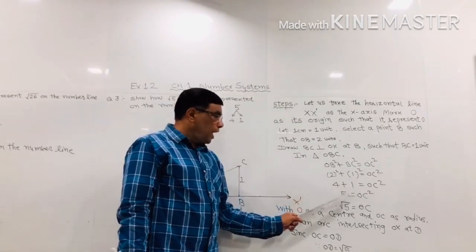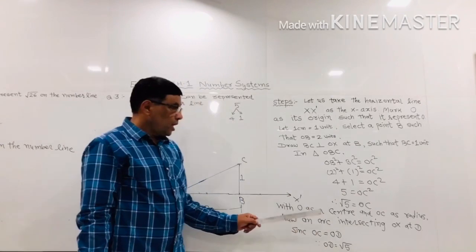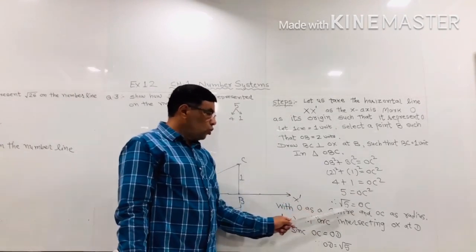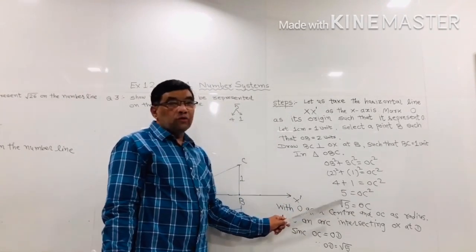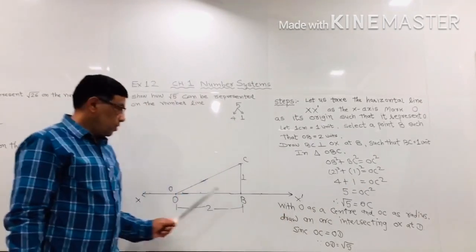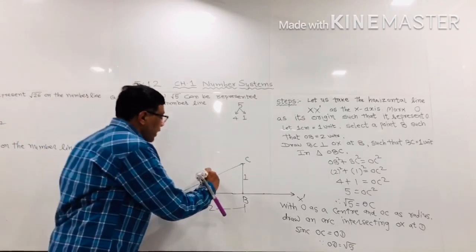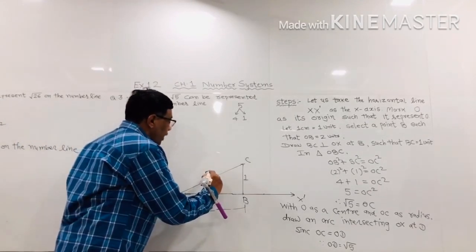So we get 5 is equal to OC square, and therefore OC is equal to root 5. So that's why we are getting the length of OC, from O to C, as root 5.